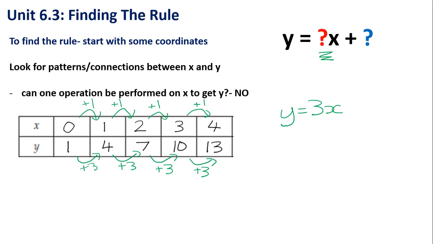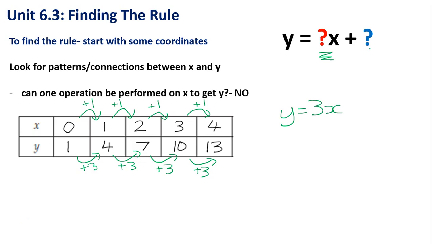But that's not the finished rule, because if we have a look, y equals 3x, 4 times 3 is 12, 3 times 3 is 9, 2 times 3 is 6. So that's not exactly right. There must be another operation.